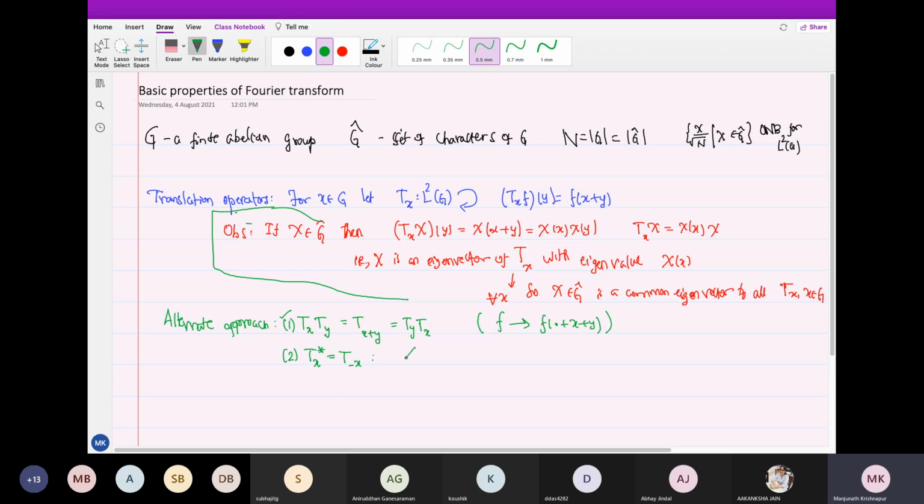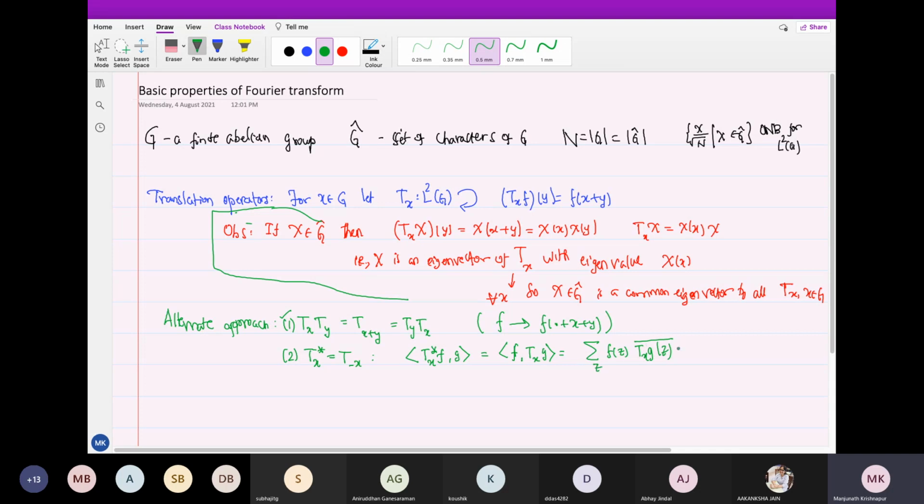Now Tx adjoint, what does that mean? Tx star f, g in our inner product on G is by definition f, Txg, which is the sum of f of z times Txg of z conjugate over z.